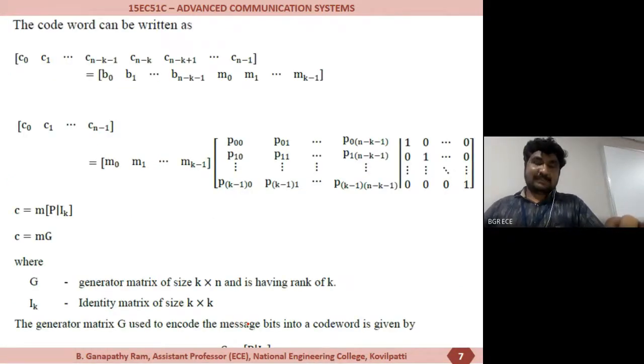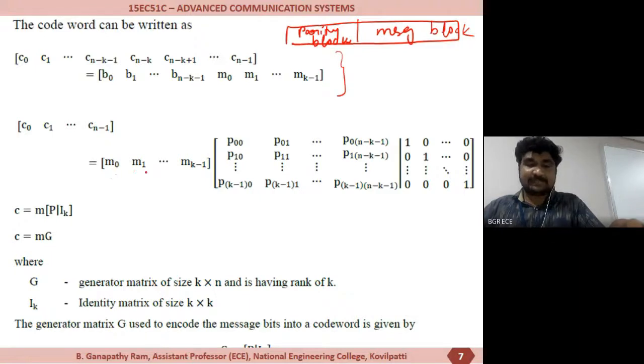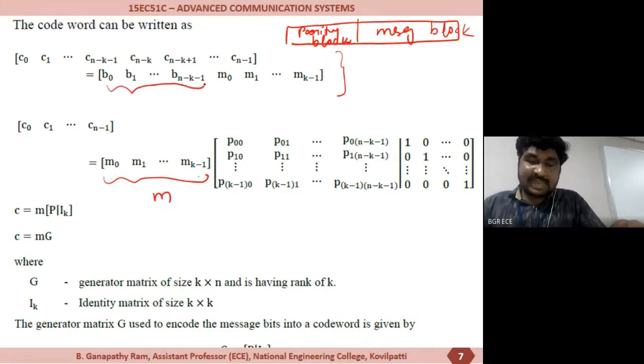The code word, as we have discussed in the previous slides, consists of the message block as well as the parity block. It can be written in this manner, and again it can be separated as m0, m1 up to m(k minus 1) as the message vector, and the remaining vector, for n minus k number of entries, represents the parity block.